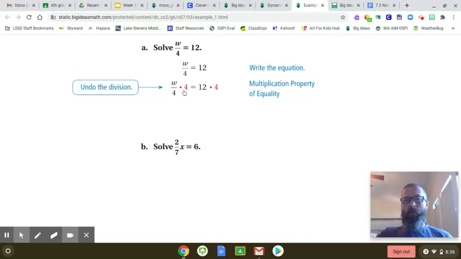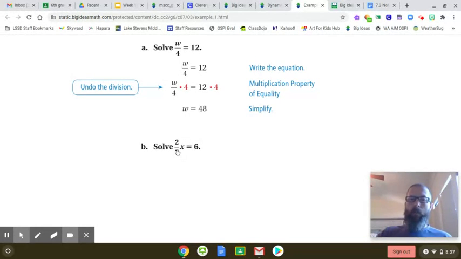And if I multiply by 4 on this side, remember to keep the scale equal, I have to multiply by 4 on this side. So then I end up with just w equals 48, because this is the same as 1/4 times 4, which is 1, which just leaves you with 1w, and we don't need to write the 1.